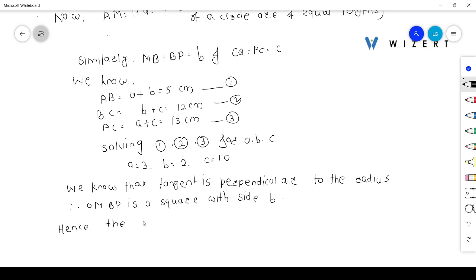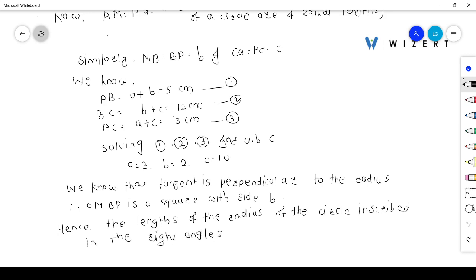Hence, the length of the radius of the circle inscribed in the right angle triangle is B equals 2 centimeters.